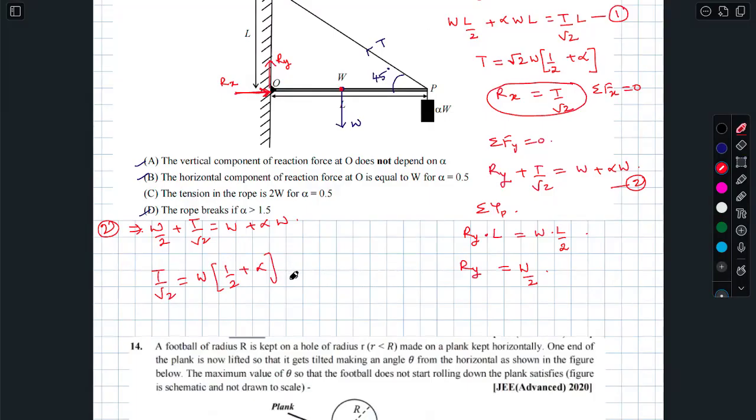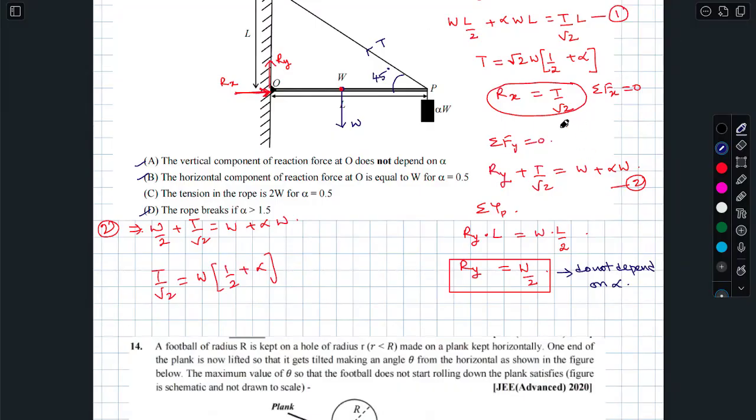The vertical component of the reaction force at O does not depend on alpha. True, because Ry I got as W by 2, which does not depend on alpha.